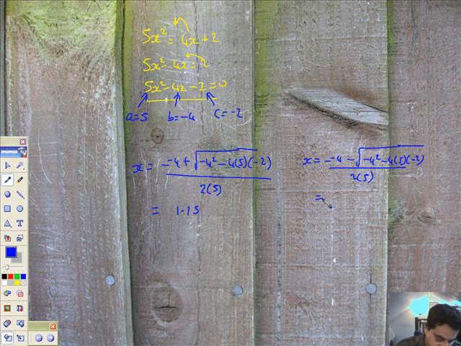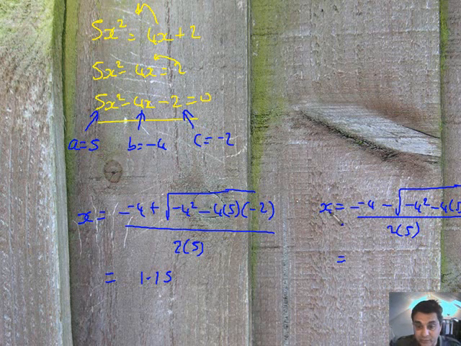So I've got 4, take away the square root of, 16 plus 40 is going to be 56. Press equals there. Now divide that by 10, and my other answer, or my other root, is 0.35, I'd say 348. That one's negative.